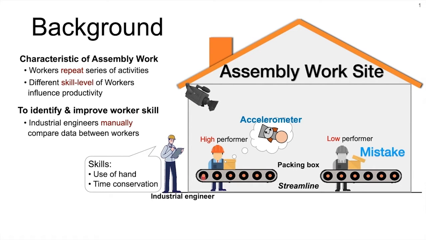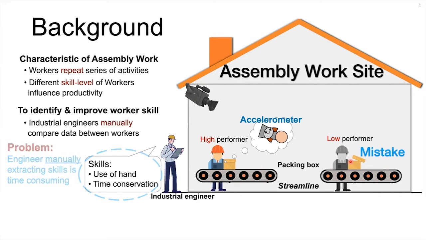Traditionally, many industrial engineers were employed to manually compare videos and sensor data between the high and low performers to identify skills. Then, these skills would be used to design technical training courses to help the low performers improve their skills fast.